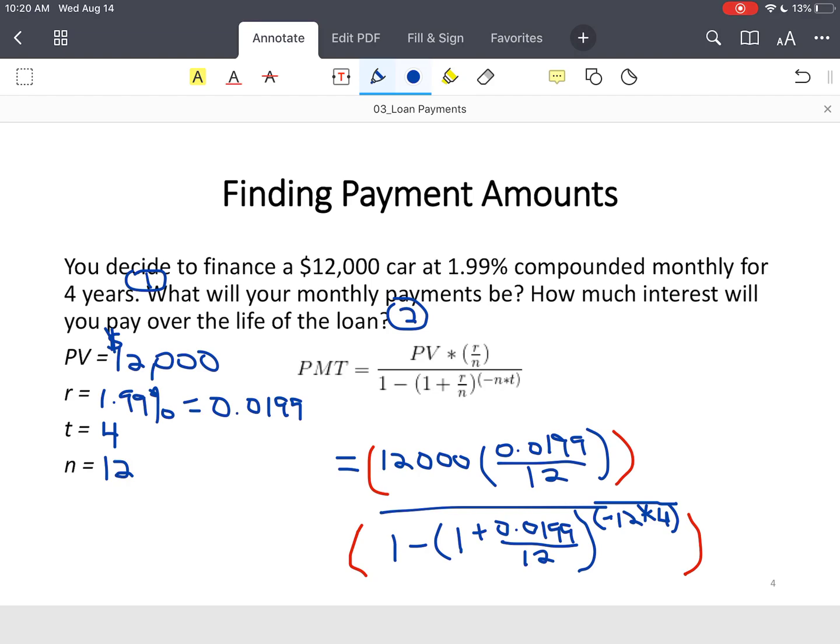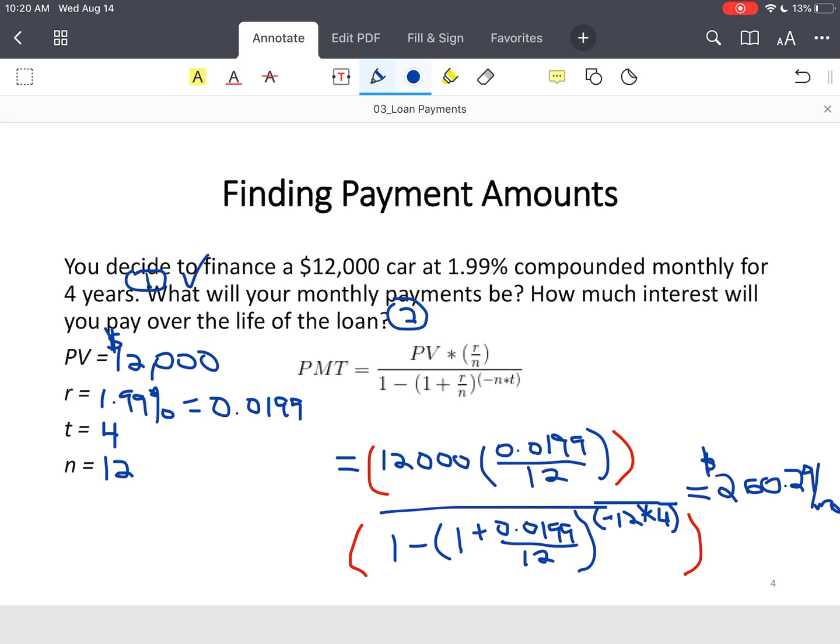And my payment in this case is $260.29 per month. That's your monthly payment, so the first question has been answered.